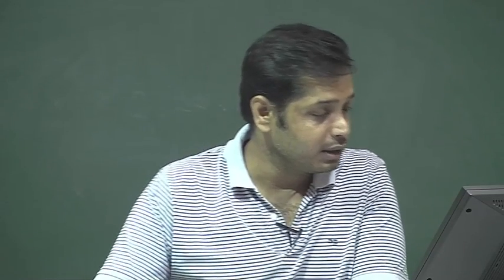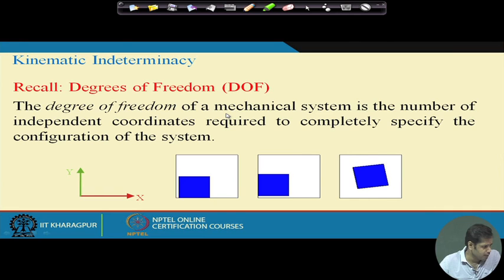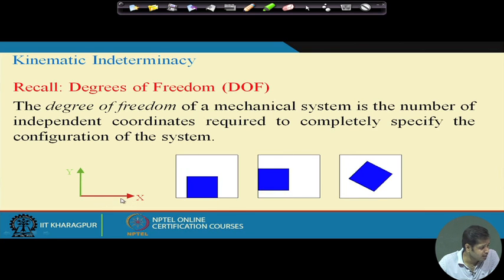Probably in the first week we introduced degrees of freedom. The degrees of freedom of a mechanical system is the number of independent coordinates required to completely specify the configuration of the system. In two dimensions, there are 3 degrees of freedom at a point: translation in the x direction, translation in the y direction, and rotation in the xy plane.